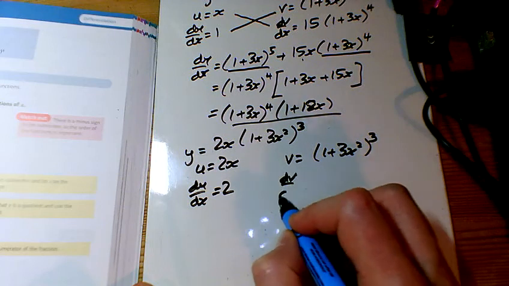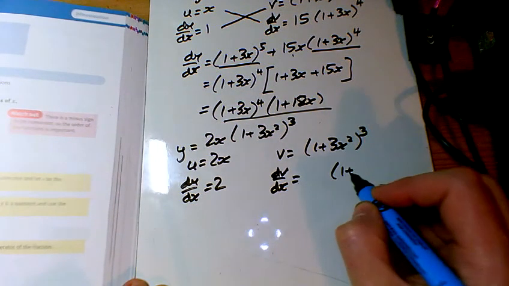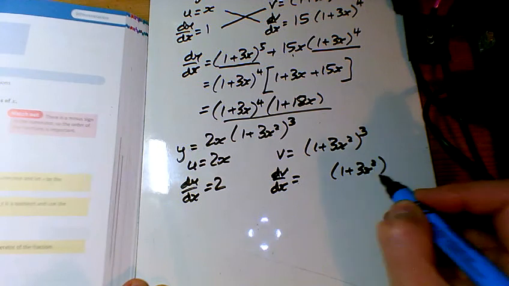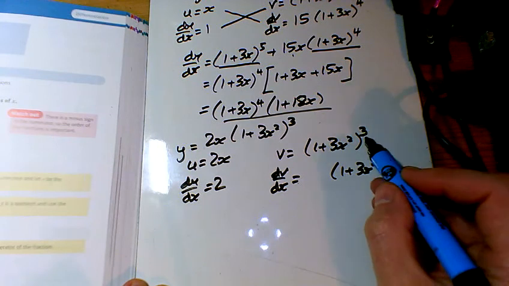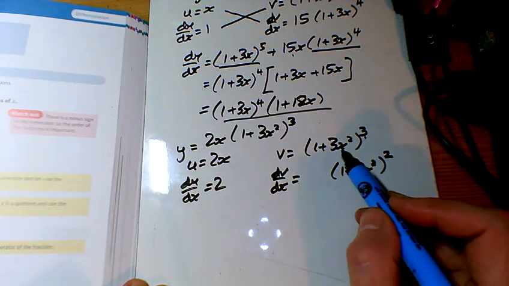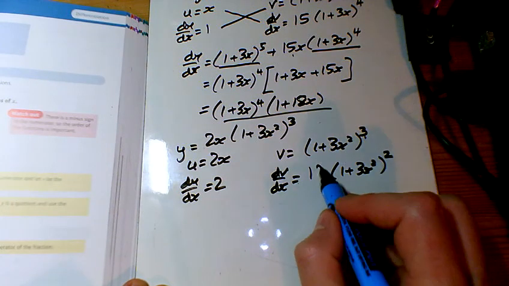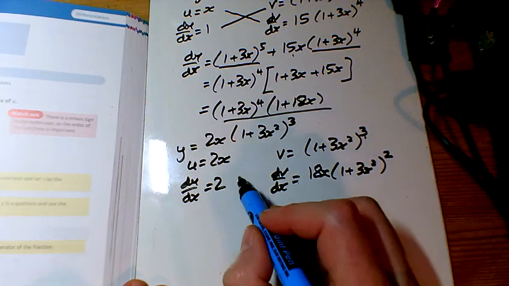And so I'm going to differentiate this thing here again using the chain rule. So for the chain rule, the bracket stays the same. The power's going to go down by 1. I'm timesing by that power and what this differentiates to give. So that gives me 6x. 6x times 3 is 18x coming outside.